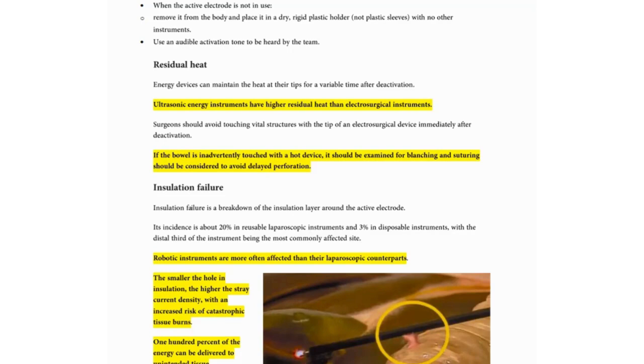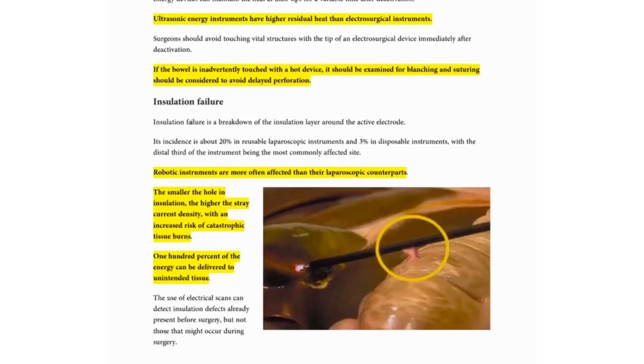So you should avoid touching vital structures with the tip of the electrosurgical device immediately after deactivation. You should wait until it cools down. Next, insulation failure. Insulation failure is one of the common complications during diathermy, especially in laparoscopy.